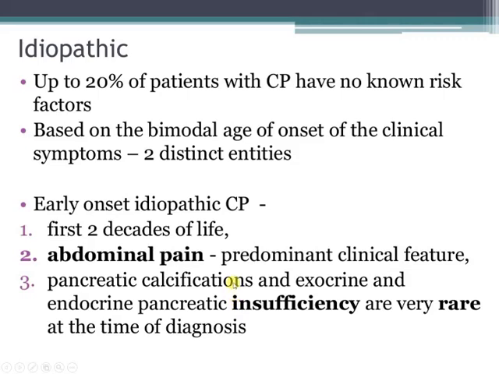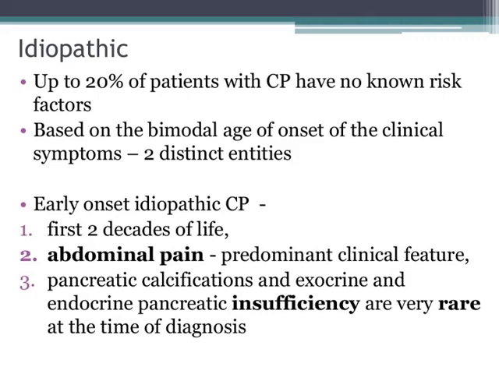Idiopathic. Up to 20% of the patients with chronic pancreatitis have no known risk factors. Based on the bimodal age of onset of the clinical symptoms, there are two distinct entities. Early onset idiopathic chronic pancreatitis happens in the first 2 decades of life.